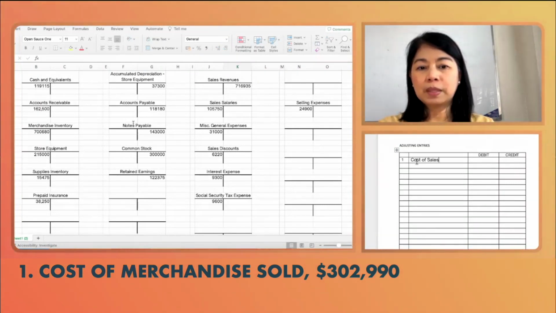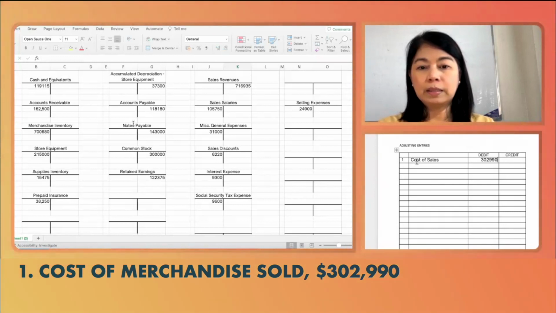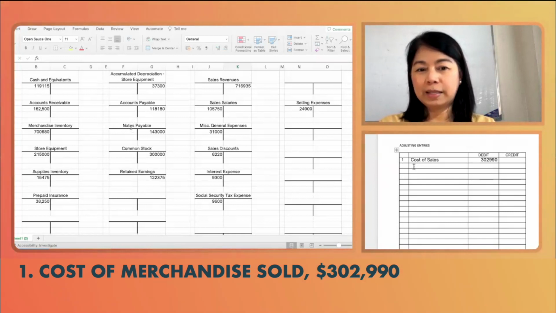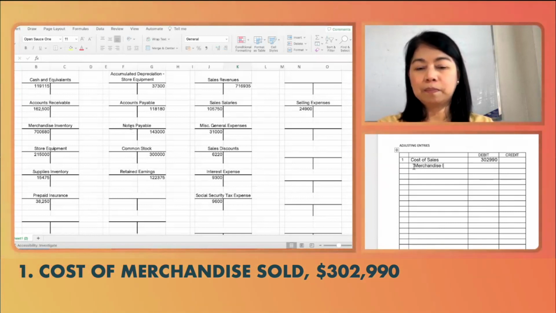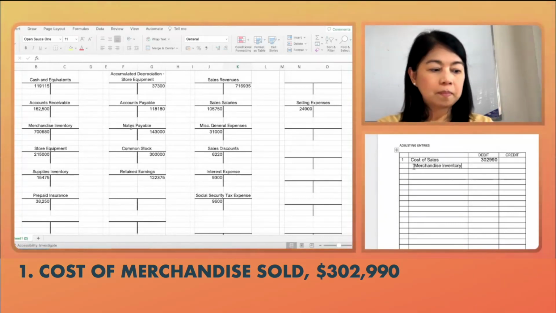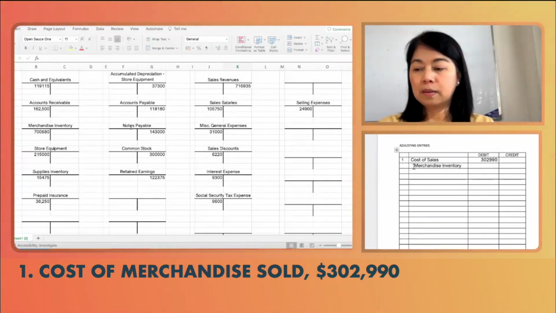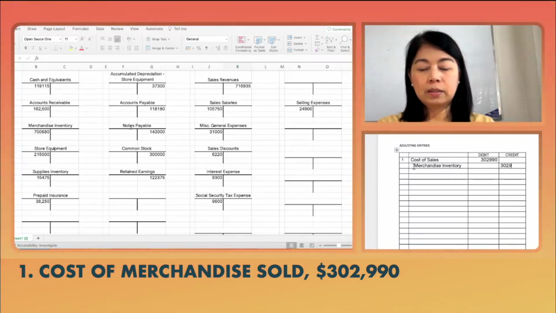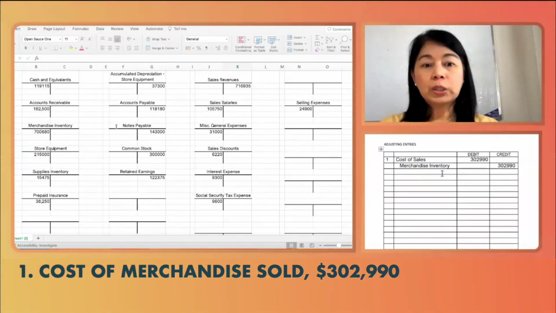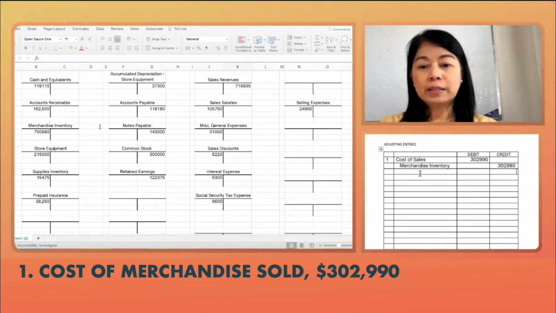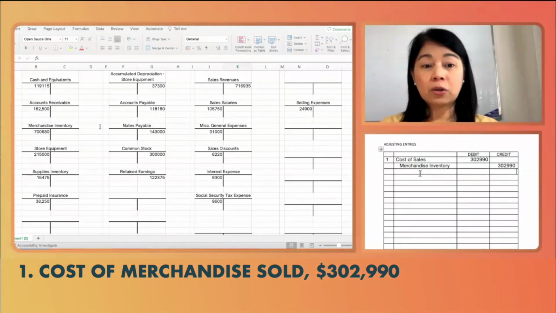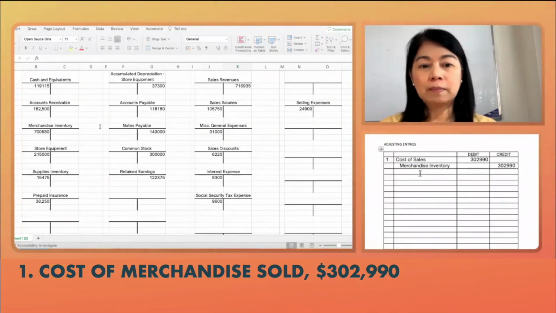Cost of sales, 302,990, and then credit or reduce merchandise inventory, 302,990. The reason for the entry is to set up the cost of inventory sold.